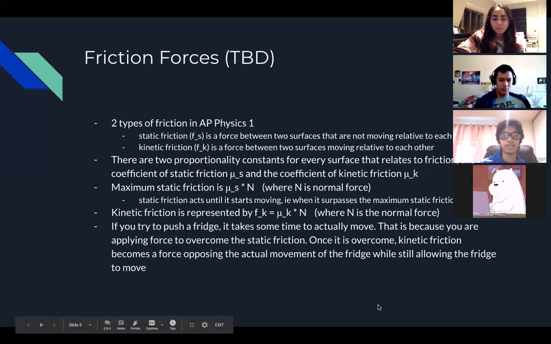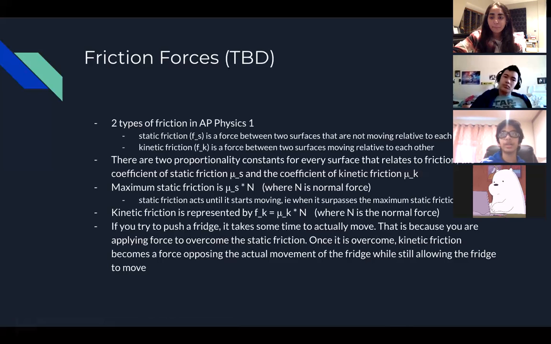And friction, like normal force, always attains the value that it needs to be in a scenario. What I mean by that is, for a normal force, let's say you have a 20 Newton block on a table, the normal force will be 20 Newtons. If you replace that with a 50 Newton block, it'll be 50 Newtons, never less or never more. And the same thing for friction force. There's a maximum value.